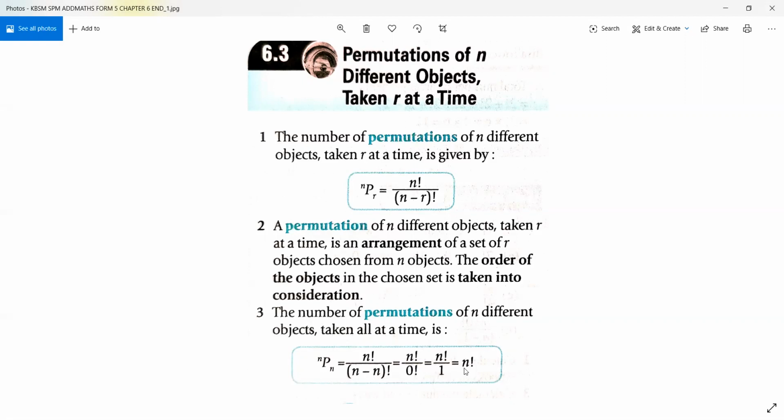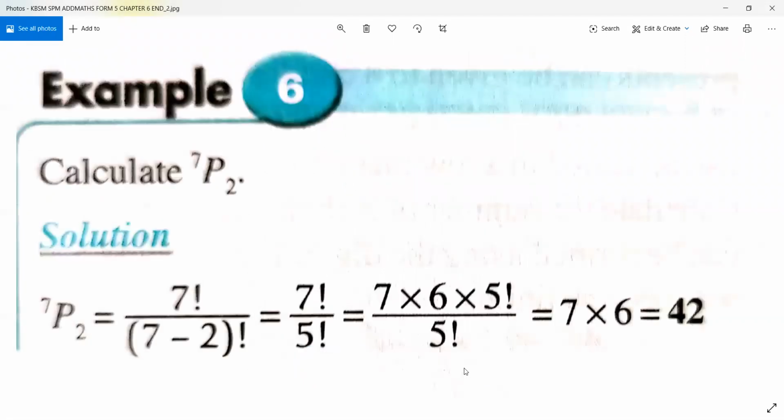But what if we need to do an arrangement? Let's see. Calculate 7 permutation 2. It means in 7 items, we choose 2 and arrange them.